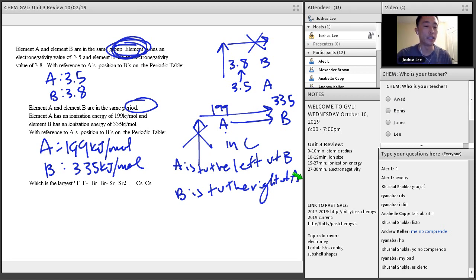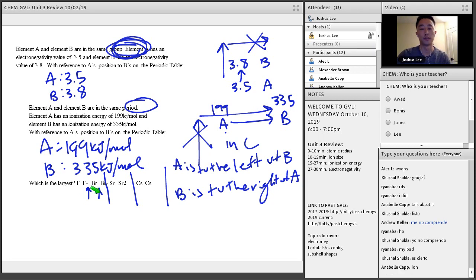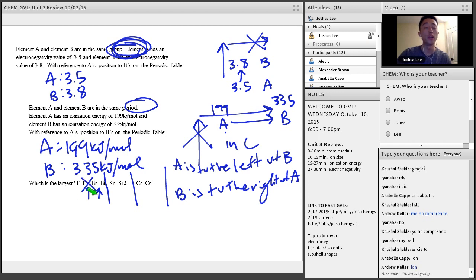Then, for which is the largest out of the 1, 2, 3, 4, 5, 6, 7, 8 atoms I gave you, couple things that you could do. You could first look at the ions. Between all the ions, what's going to be bigger, fluorine or fluorine ion? The ion. So you could get rid of that. So if it's going to be fluorine, it definitely won't be the fluorine atom.